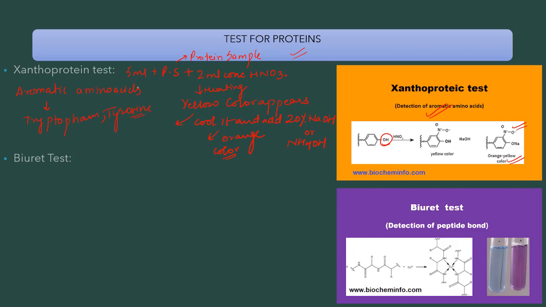Then the biuret test. The biuret test is the detection of the peptide bond. Take 3 ml of protein sample and add 1 ml of 40% NaOH, and a few drops of 5% copper sulfate.